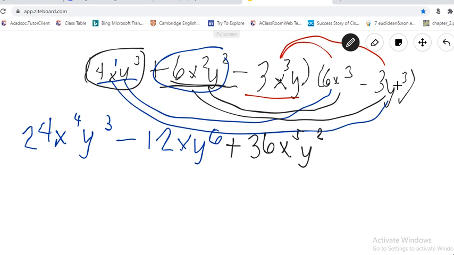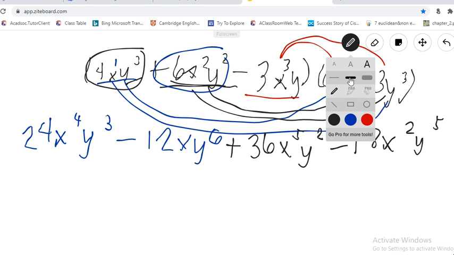And then, again, on the second term, 6x squared y squared multiplied to negative 3y cubed, that is negative 18x squared y raised to 5. Okay, so we are already done with the first term and second term. Now let's do it on the third term.